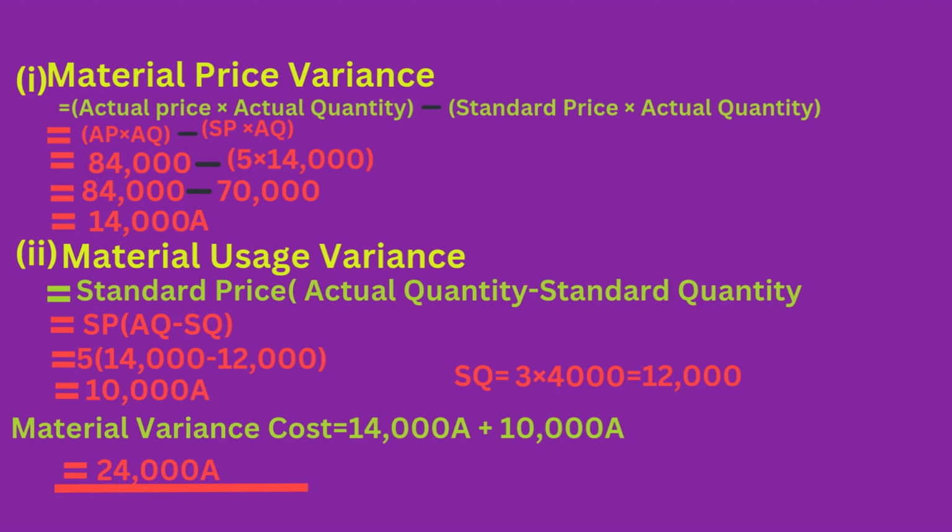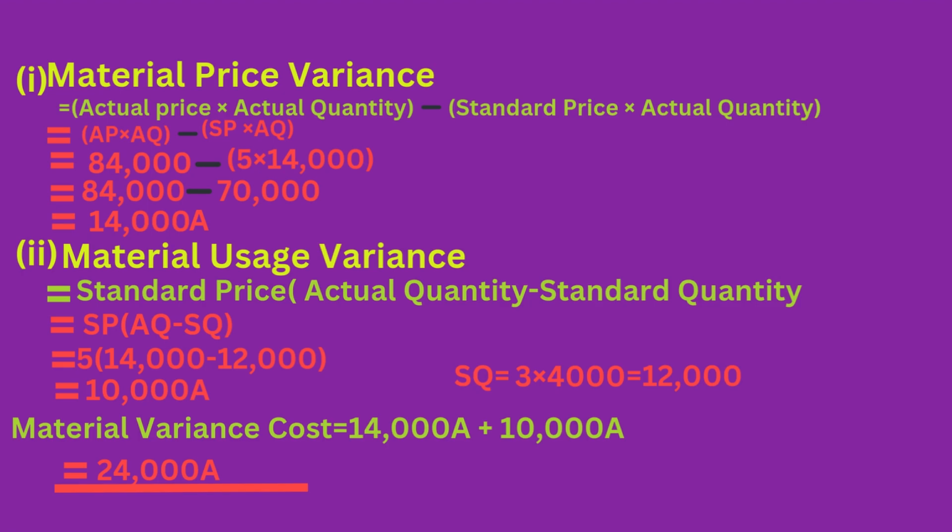So we have 3 kgs multiplied by the total units which were produced, 4,000. So the standard quantity is 12,000. So it will be 5 into 14,000 minus the standard quantity which we've gotten, 12,000. So we get 5 into 2,000. So 5 multiplied by 2,000 will be 10,000.